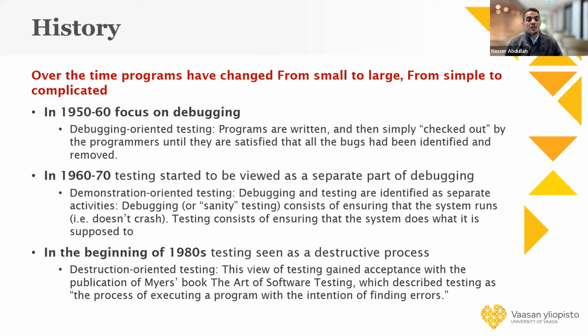First, it's the history of the software. So first of all, why has software testing changed over time? Actually, software testing has changed over time because the software itself, the program itself, the system has changed.